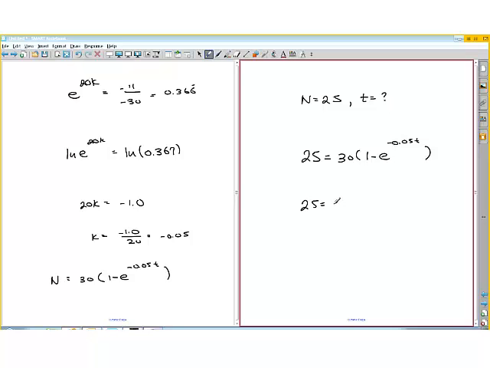If we multiply that out, we'll get 25 is equal to 30 minus 30 e^(-0.05t). Subtract 30 from both sides, you'll get negative 5 is equal to negative 30 e^(-0.05t), or e^(-0.05t) is equal to negative 5 divided by negative 30. So negative 5 divided by negative 30 is 0.167.